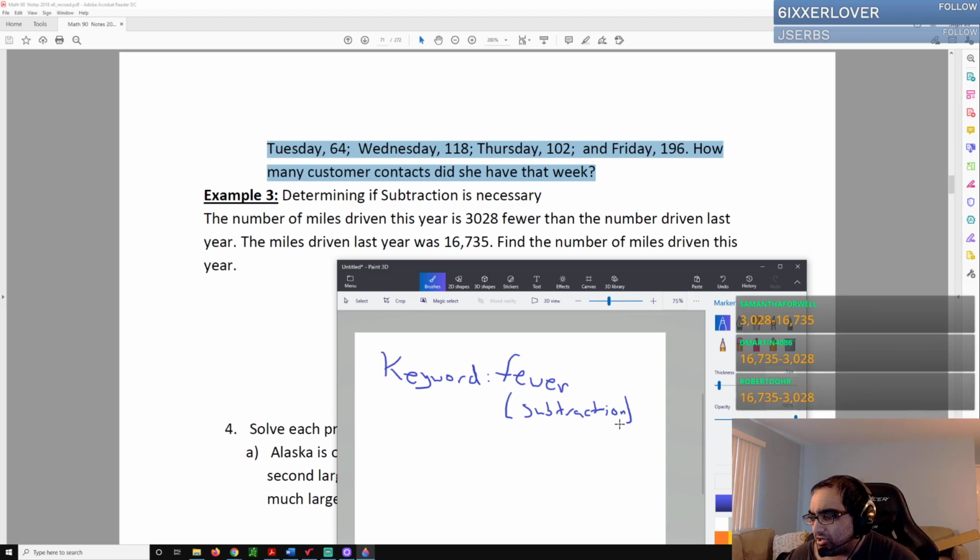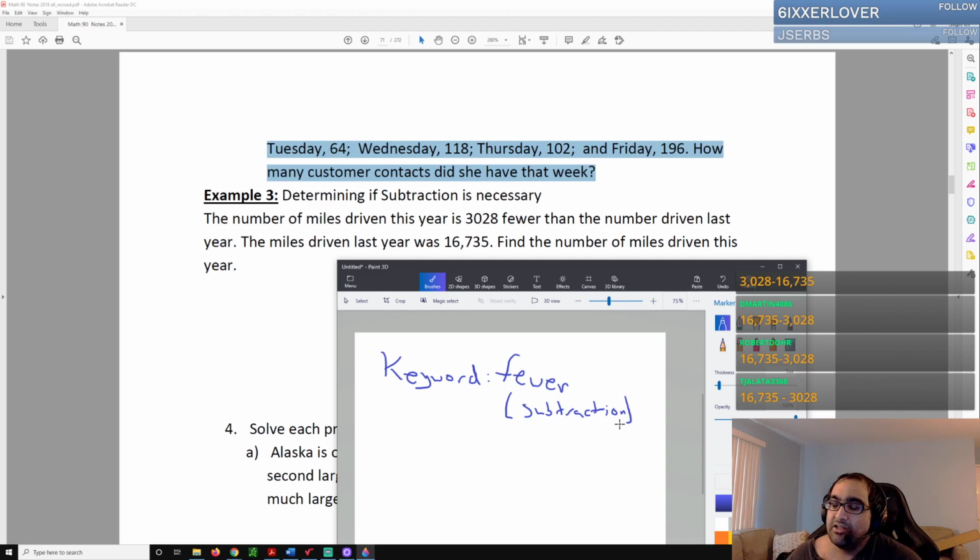So let's talk about the interpretation here. Okay. In this case, it's 3,028 fewer than the number driven last year. And we're given the number driven last year as 16,735. Now the thing is that it's not always going to be first number minus second number.